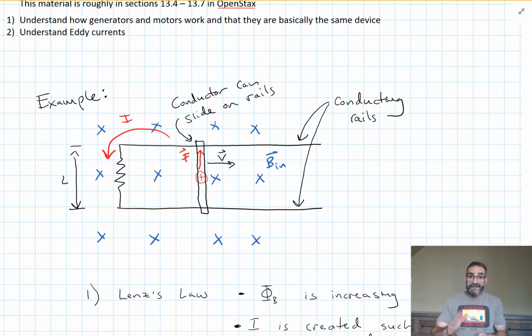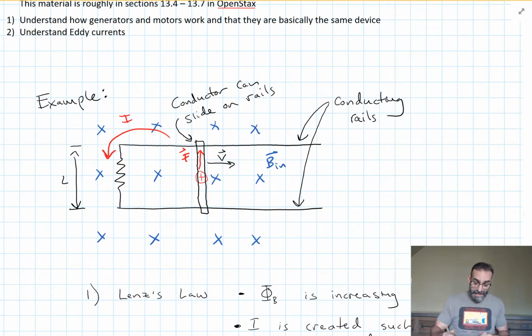We saw in the last video that when you have a conductive bar moving in a magnetic field, the charges move, and this charge separation creates an induced EMF across the length of the conductive bar. Well, here we have a bar moving in a magnetic field, and so charges are going to move. The positive charges are going to end up at the top of that bar, the negatives at the bottom, and that's going to induce an EMF in the loop.